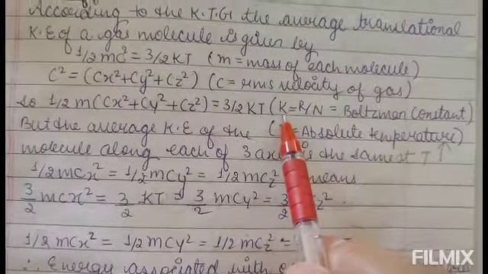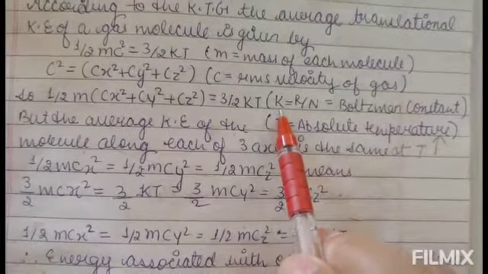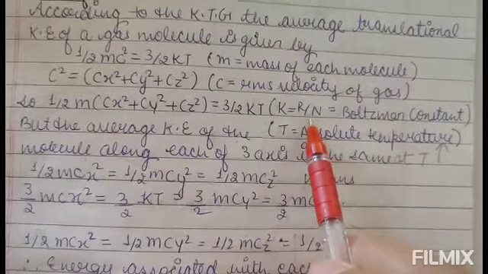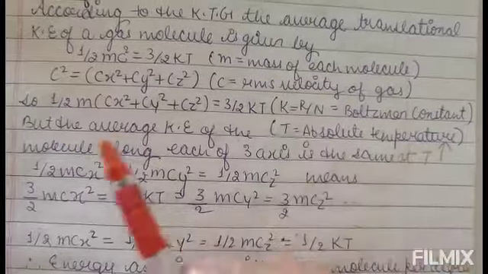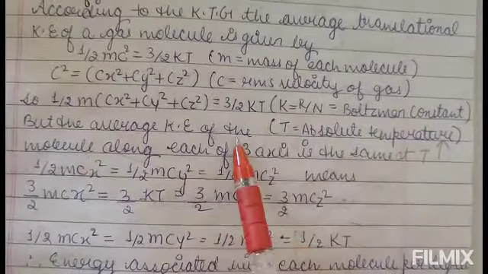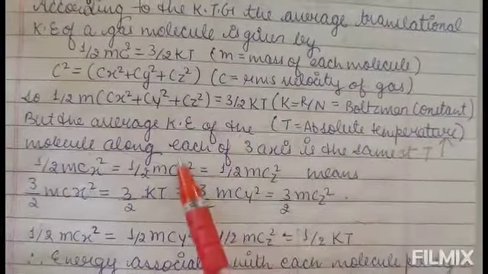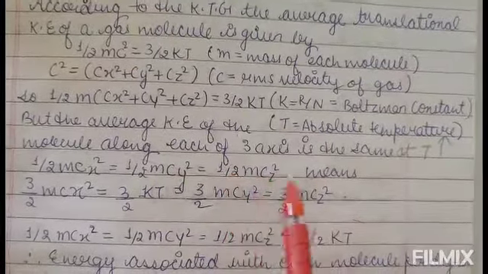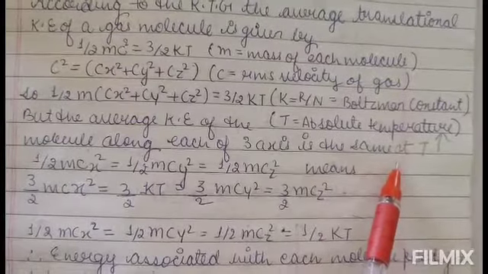Here k is the Boltzmann constant, given by R upon N, that is also a constant. But the average kinetic energy of the molecule along each of the 3 axes is the same at a given absolute temperature.